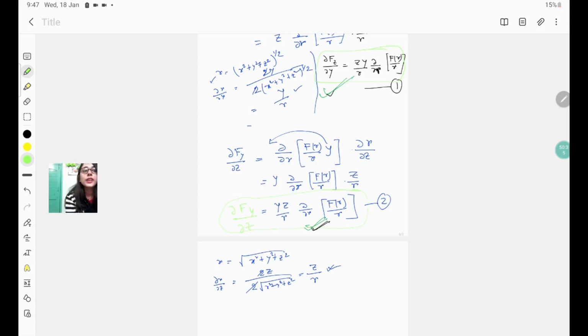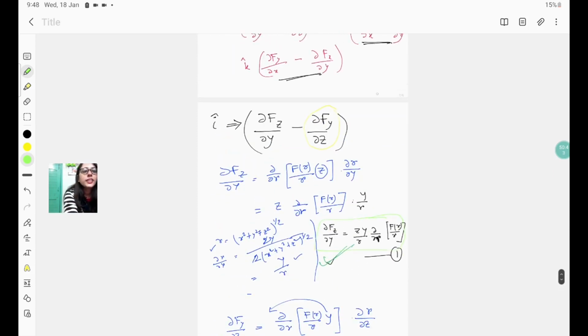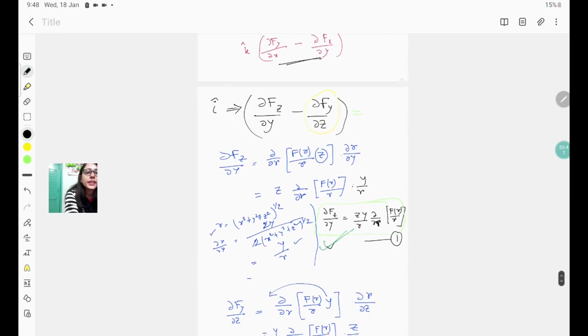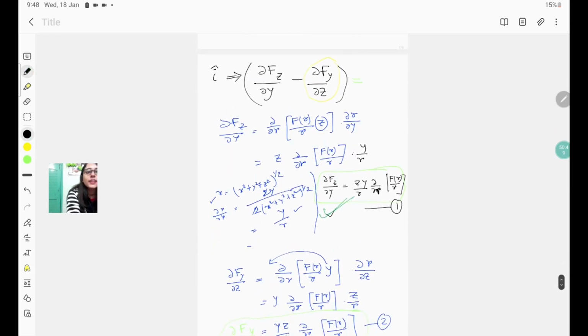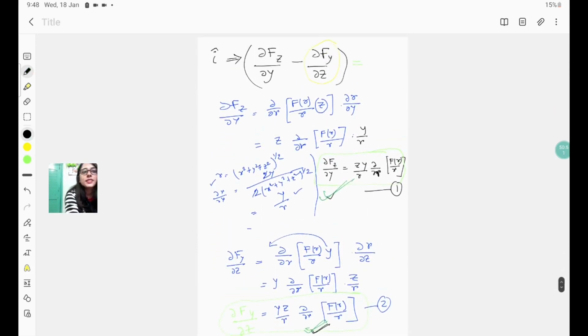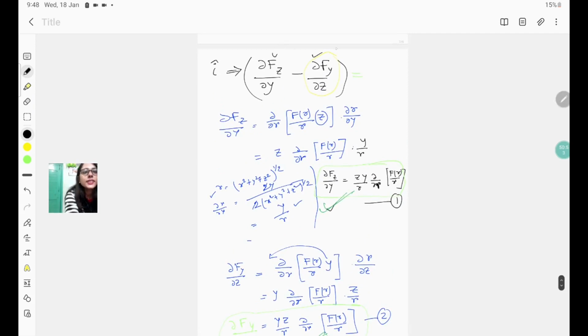It is equal to zy or yz by r, del r of fr by r. That is, 1 and 2 are exactly the same. That's why this value del fz by del y minus del fy by del z cancels out, as these two values are exactly the same. So it becomes 0.